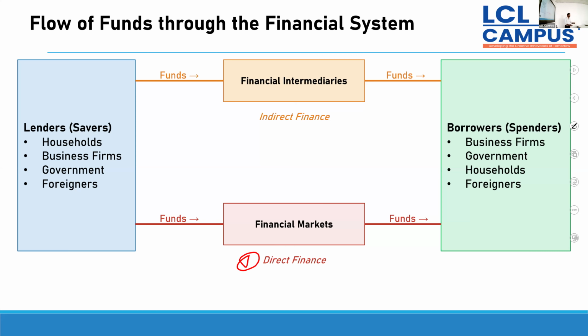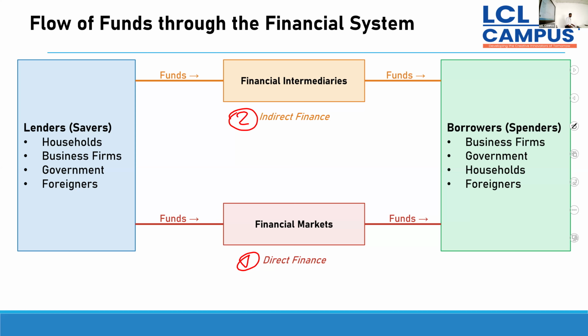If you obtain the funds through a financial market, it is called direct finance. If you borrow funds through financial intermediaries, it is called indirect finance.